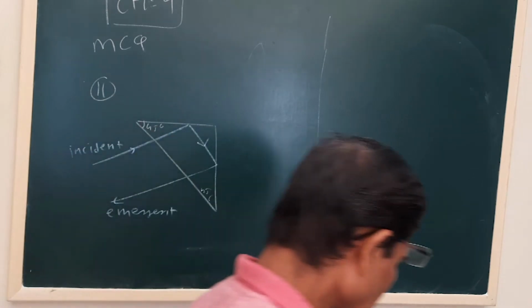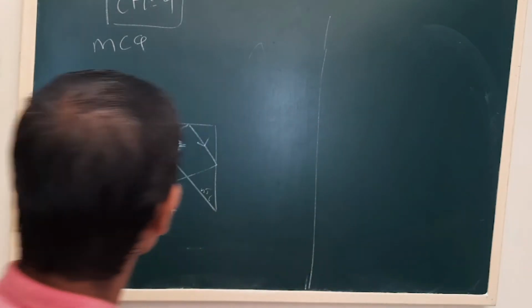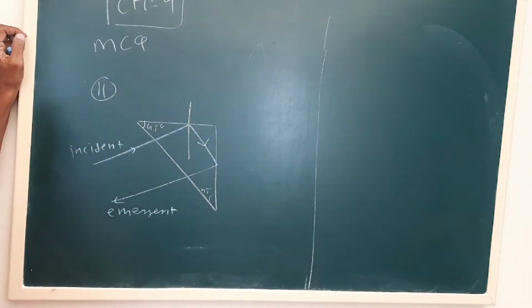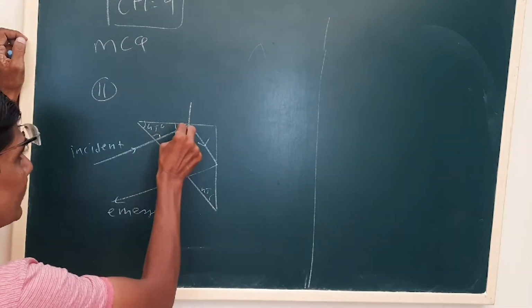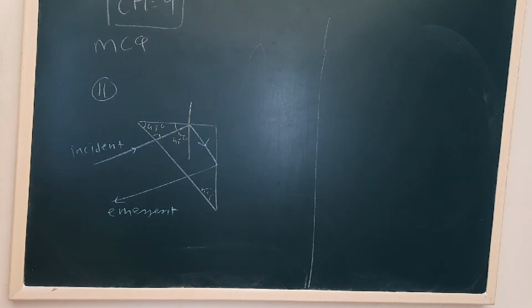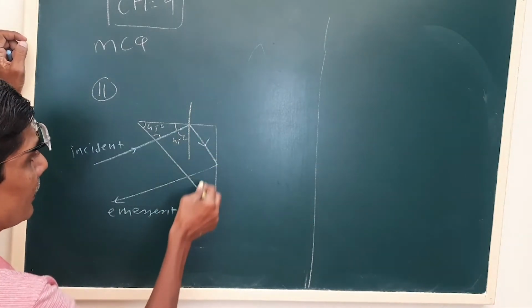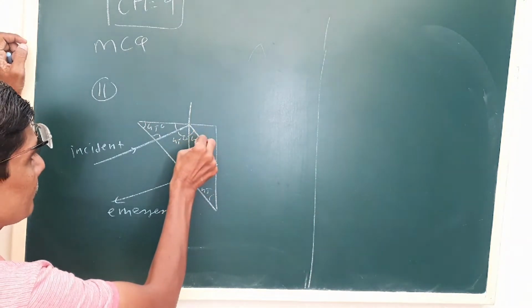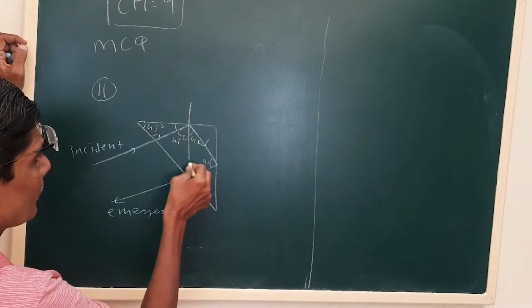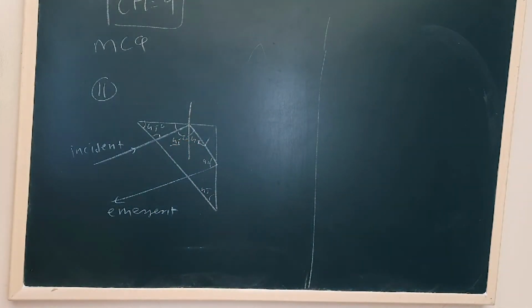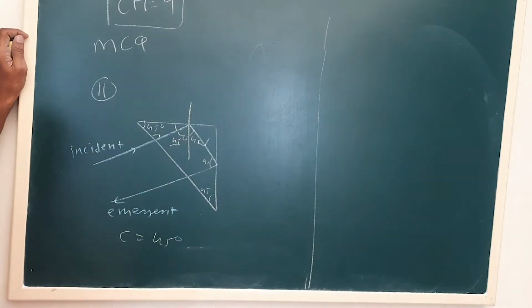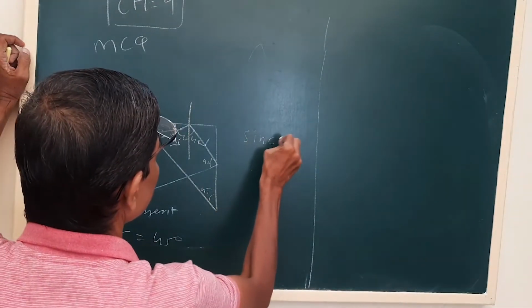Now see here, total internal reflection takes place. If I draw a normal here, this is 45, 90, 45, so this will be 45 only. By the same reason you can calculate this angle also. But here we have to take this angle into account. Now see here, C is 45, and sin C is 1 upon n.